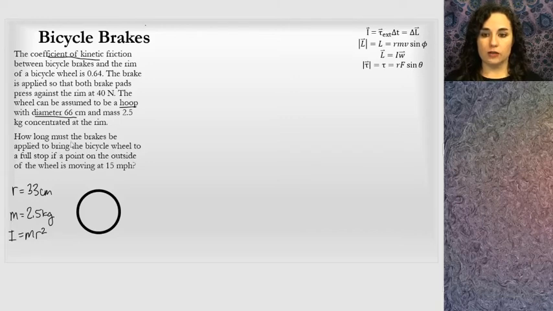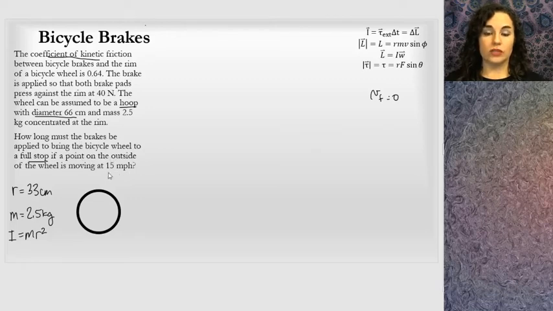It asks how long must the brakes be applied to bring the bicycle wheel to a full stop. Okay, full stop. So there's a V final is 0. If a point on the outside of the wheel is moving at 15 miles per hour. So I'm thinking about these forces being applied to the wheel, causing the wheel to slow down and stop.